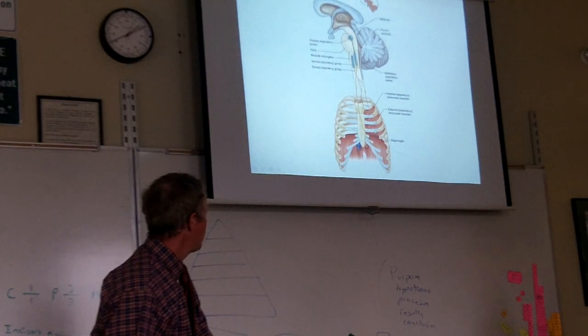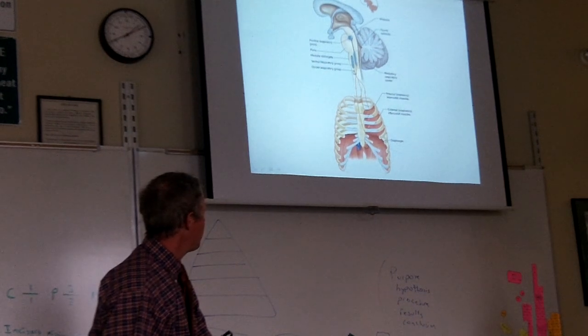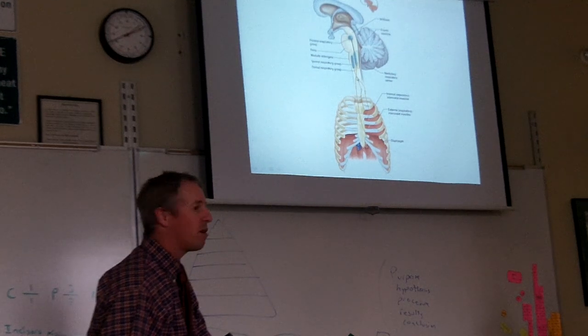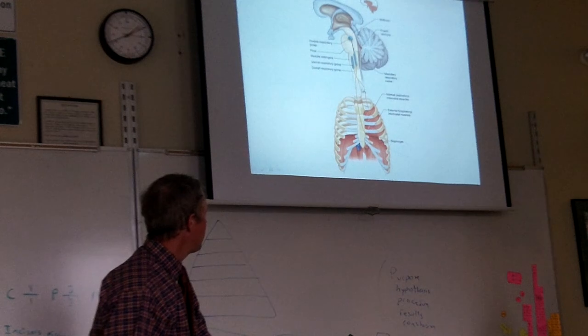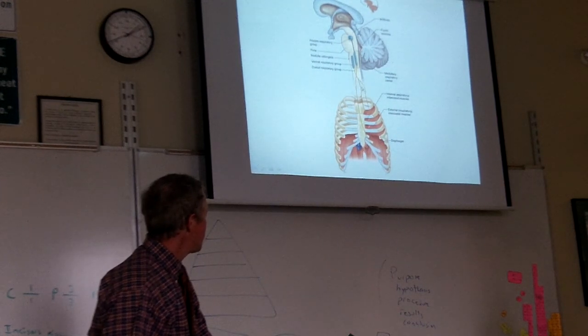Now, the other respiratory group, which is right here, the ventral respiratory group, sends signals. If you follow the gold line here, Lee, you with me? Follow these signals down, and they go to these muscles, the internal intercostals and the external intercostals.